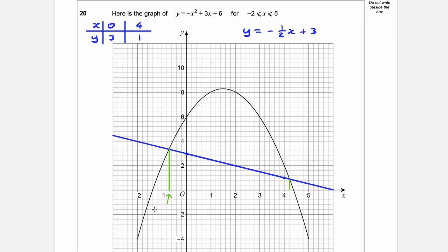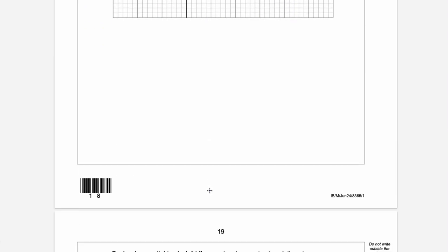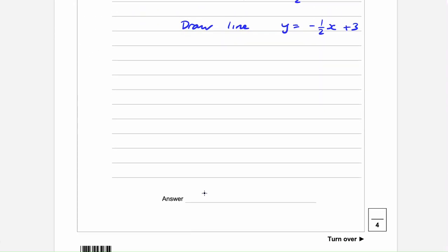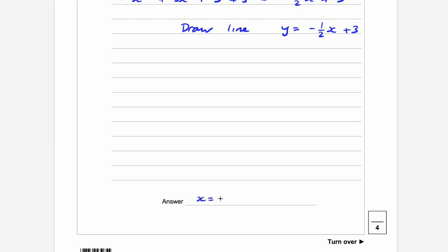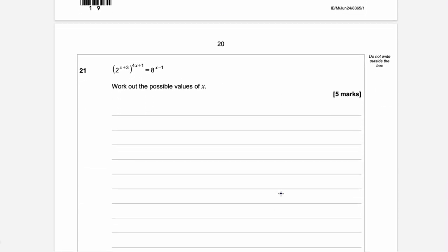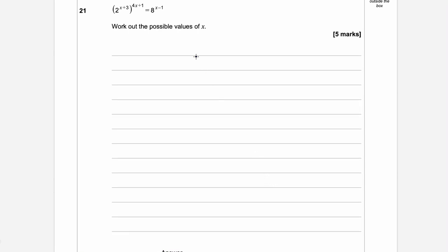So this is negative 0.7, and this is just 4.24685. So that's 4.2. So negative 0.7 and 4.2. So x equals negative 0.7, comma 4.2.